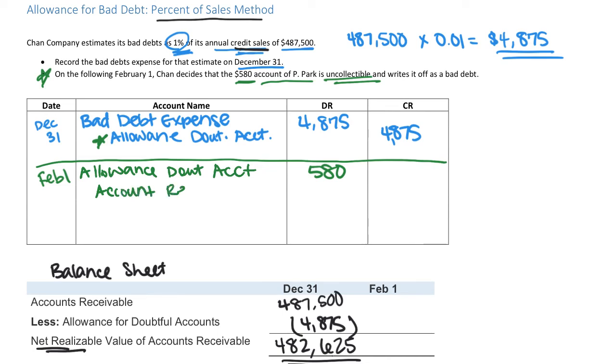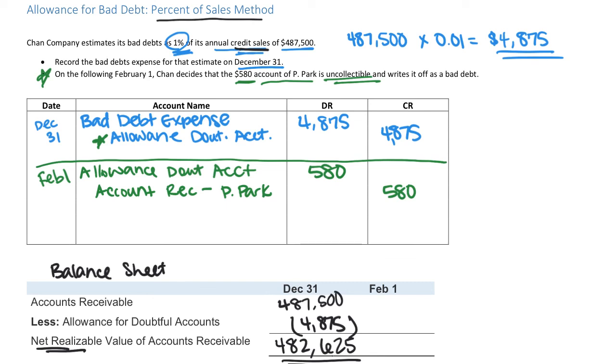So the account receivable, and sometimes you might see a dash and the person's name as an option. If so, then I would pick the more specific option, and we're going to remove their account, $580, from the company's accounts receivable.